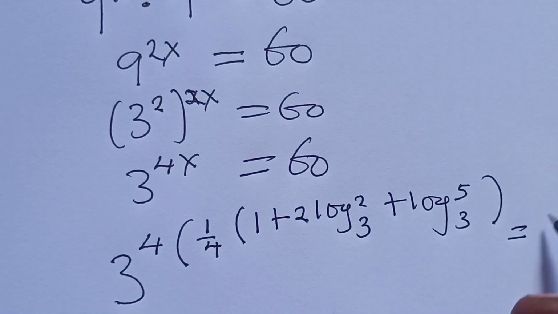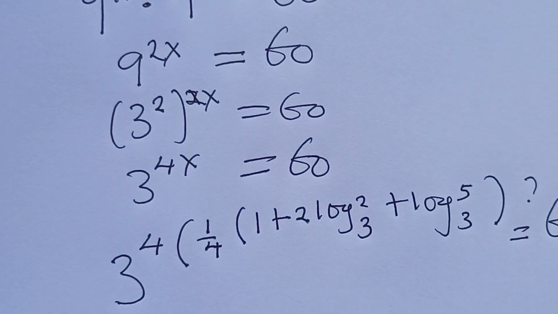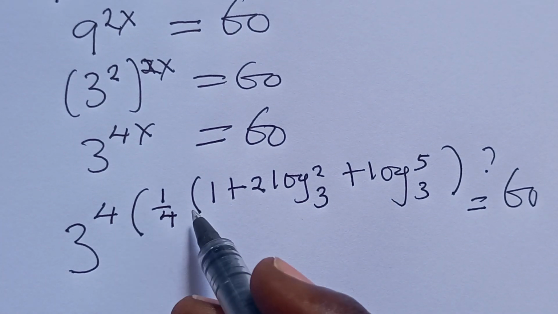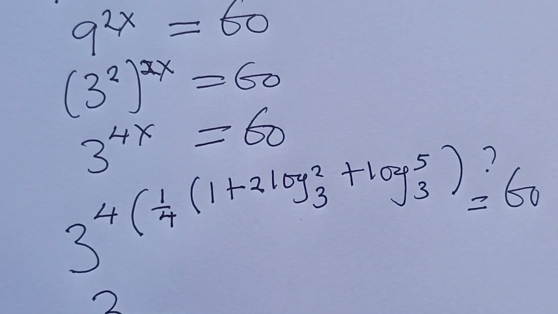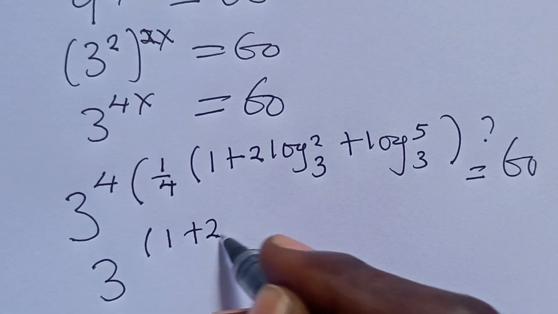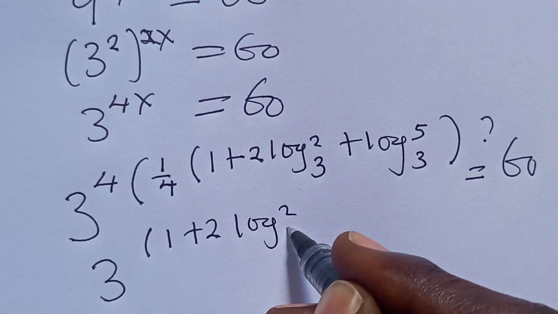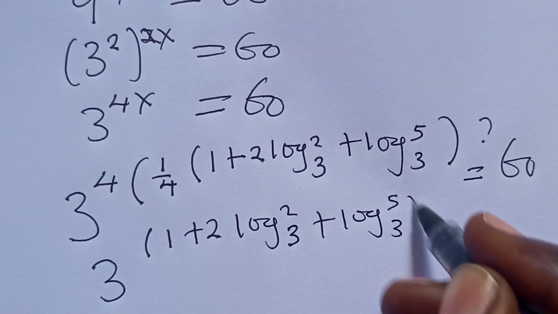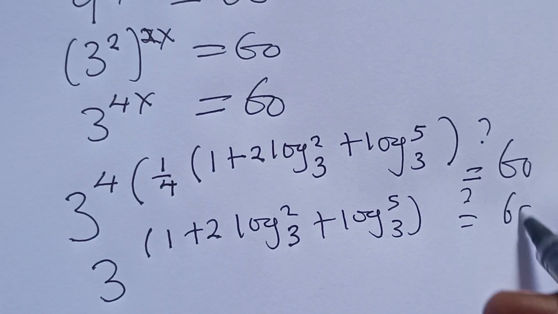Will that be equal to 60? If this is what we are checking, this 4 will divide this, so we are left with 3 to the power of (1 plus 2 log_3 2 plus log_3 5). Let's see if that will be 60.